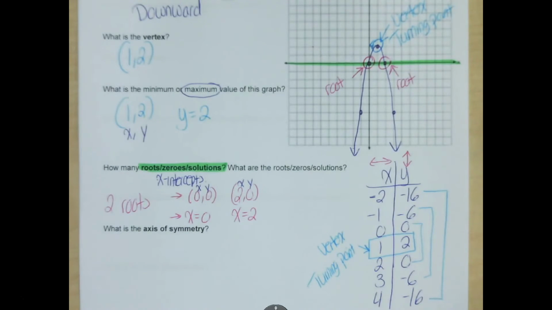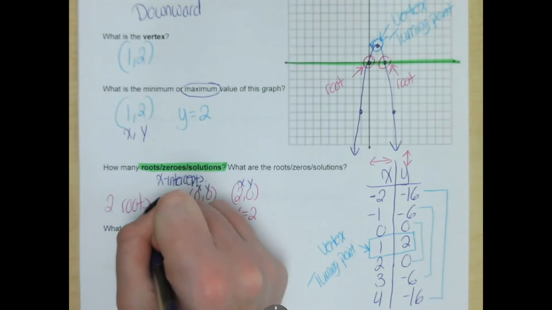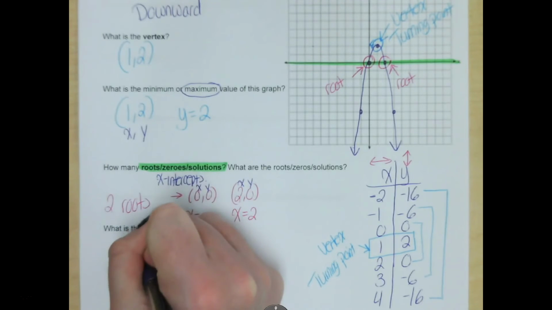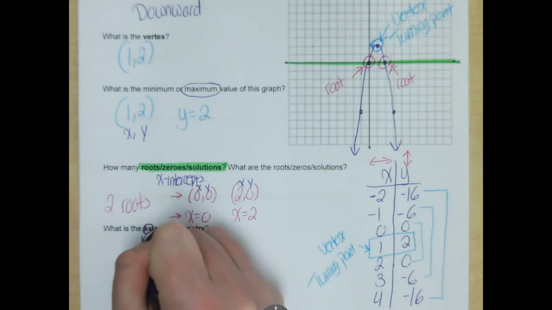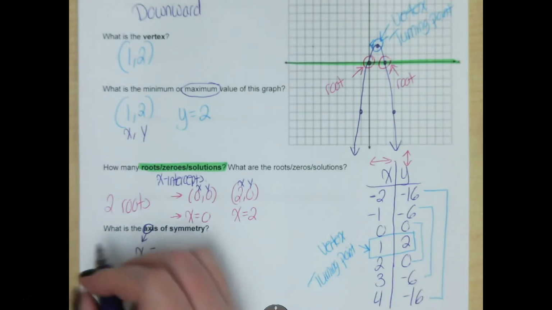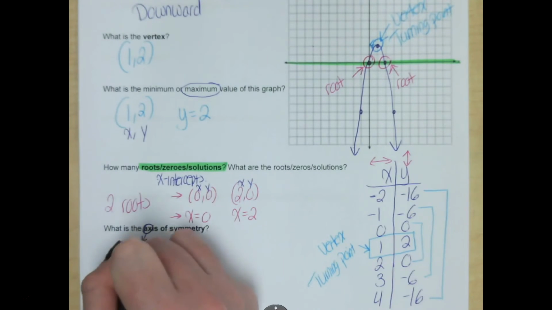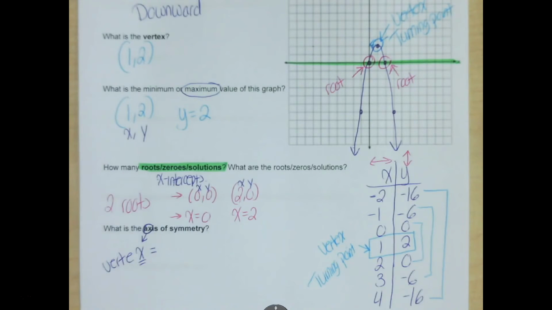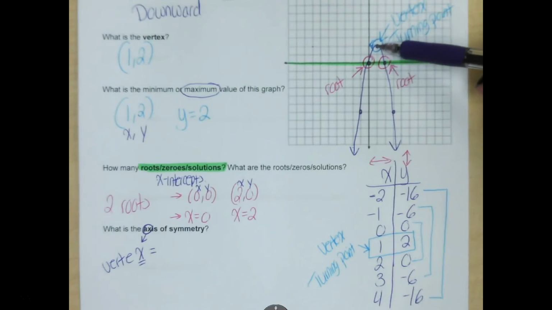And then last but not least, it says, what is the axis of symmetry? Don't forget, we went over that really neat trick. When I see x, axis, that tells me it's going to be an x equals equation. And because it's x equals, that means I want to look at my vertex. It's pretty cool. So as I come over and I look, here's my vertex.